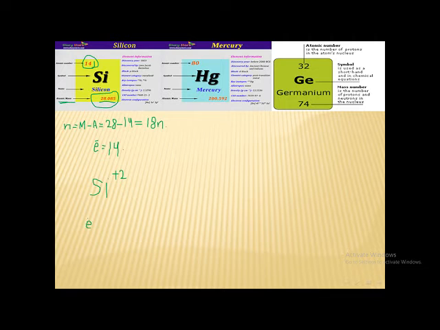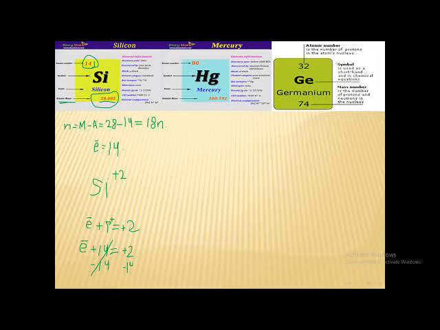So the first thing you can do is try to find the number of electrons. The number of protons we have is 14, and the charge is not 0, it is plus 2. So 14 minus 14, and minus 2.